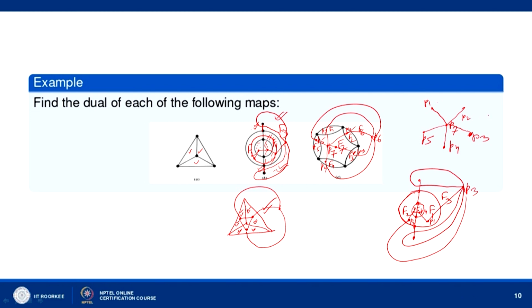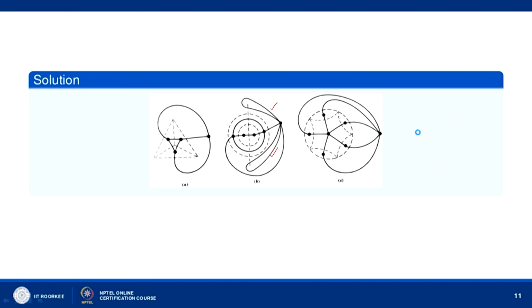P6 is joined to P1, P2, P3, P4, and P5, like this. And we can draw this graph in this manner. This is P1, P2, P3, P4, P5, this P7 and this is P6. So, that is the graph which is the dual of the given graph.